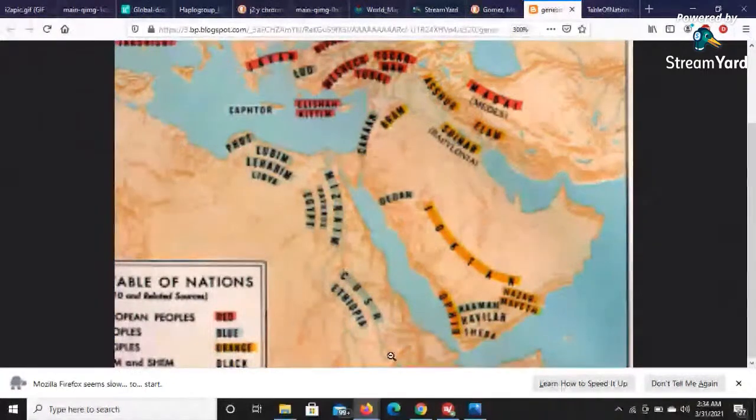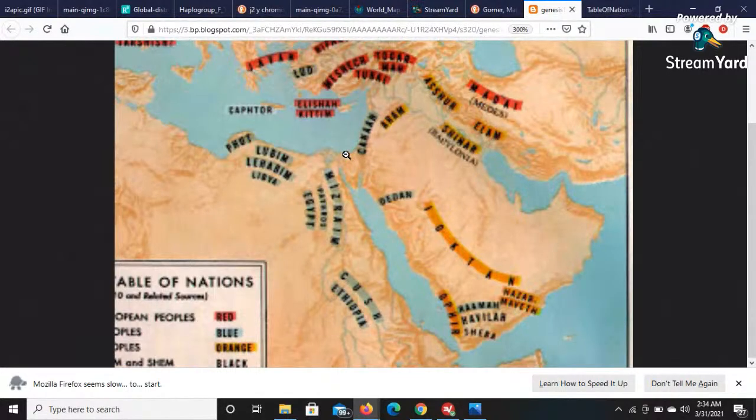Cush is in Ethiopia down here. And Canaan's over here. These are the four sons of Ham: Canaan, Put, Mitzrayim, and Cush. This is an E3. This is an E3. This is an E3. Canaan is maybe an E1, B1, or an E2 or E3.